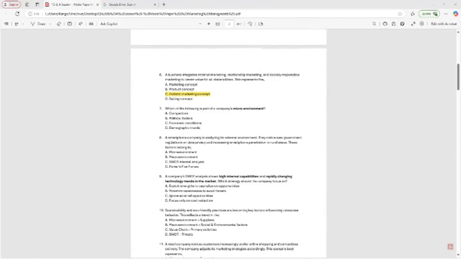But I think you can easily get the answer; you can open your own slide set. You can see the answer in your slide set. I already discussed it with you. So which of the following is part of a company's microenvironment? It is very easy. The answer is competitors. Let me highlight the answer. It is answer number 1, competitors.